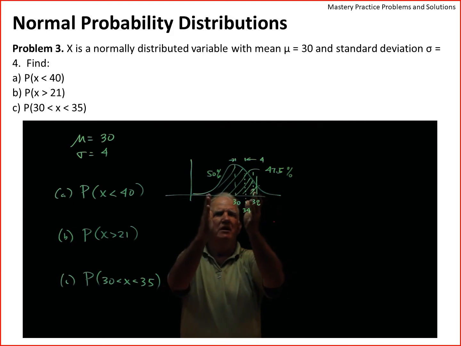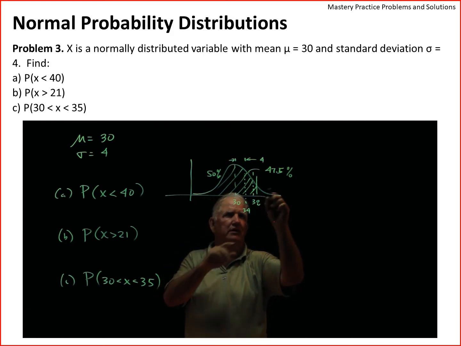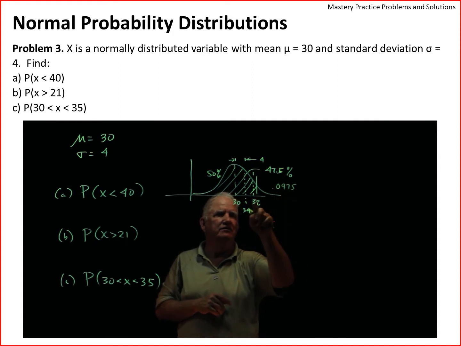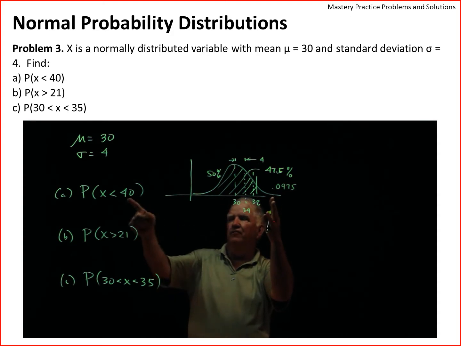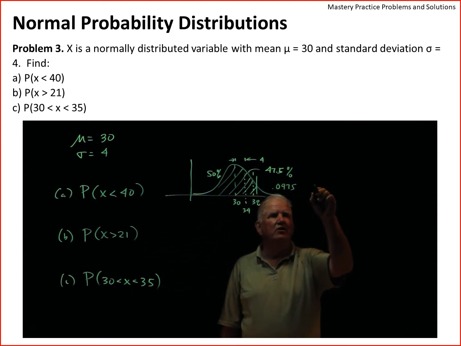And so I'm expecting a number here which is going to be greater than 0.975. It's greater than because the 40 is actually right over here. So let me just write down what we would do.